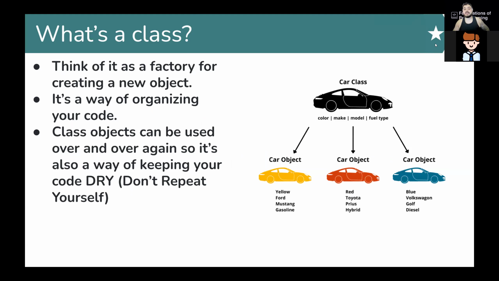The way I like to see it is kind of like this car that you see in this image. If you were to create the blueprint for a car, there's certain things that you would take into consideration. First and foremost, what are the basic components of a car? Well, it requires probably some kind of a body, wheels, some kind of model, a color.